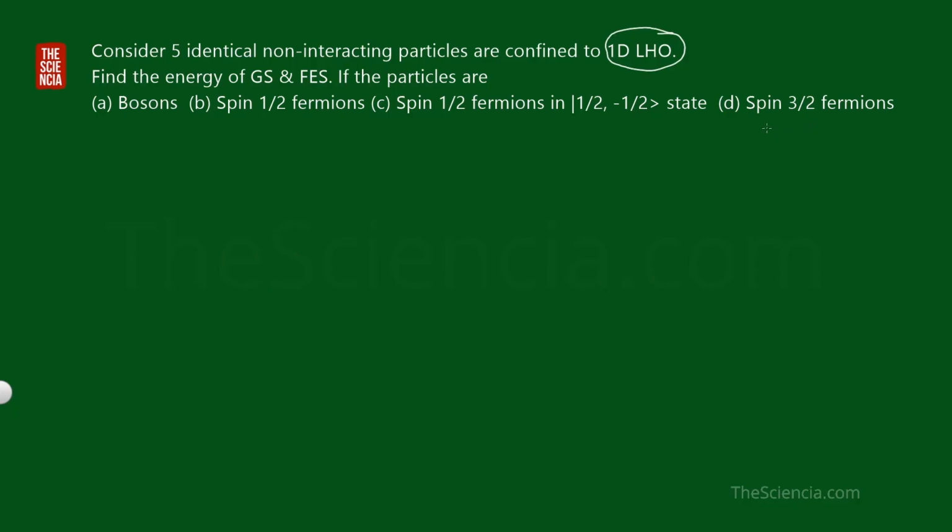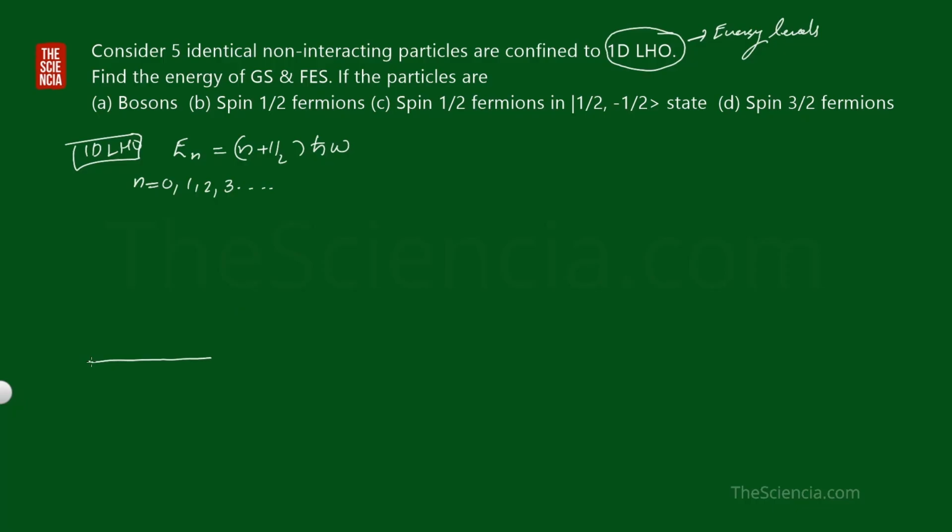So to solve this problem, first we have to know the energy levels. Energy levels of the 1D linear harmonic oscillator. I think you remember the expression for the energy of the 1D linear harmonic oscillator, that is E_n equal to (n plus half) h cross omega. Here n can have values 0, 1, 2, 3, etc. Right?